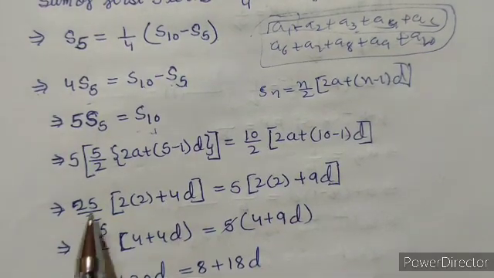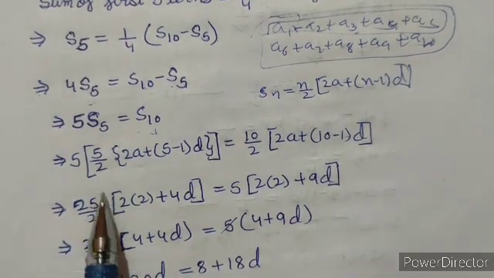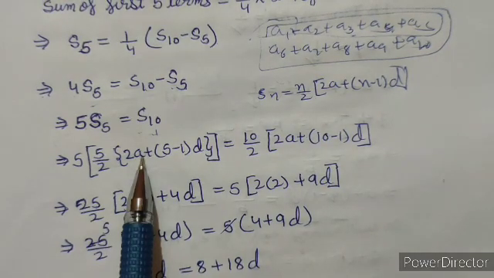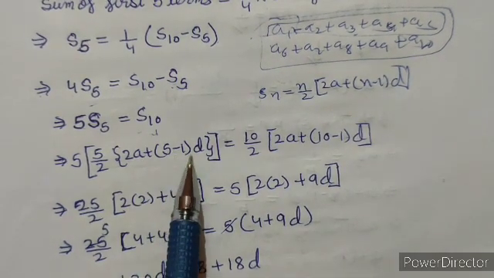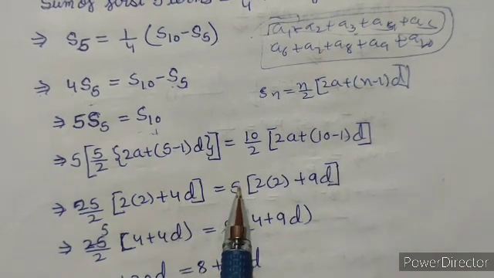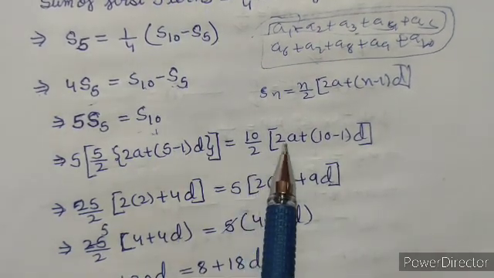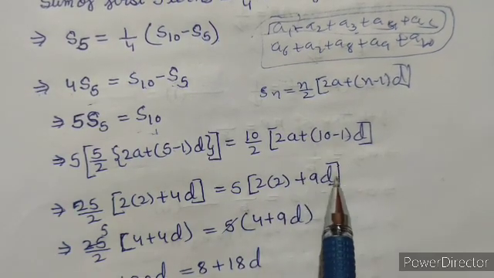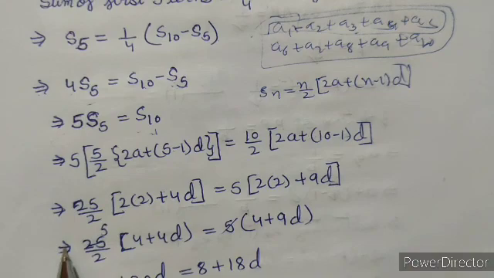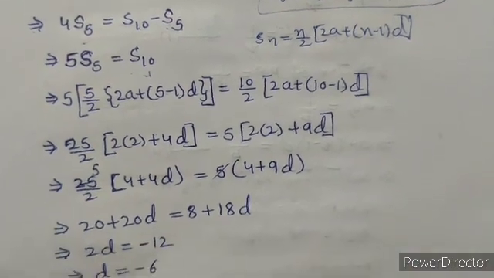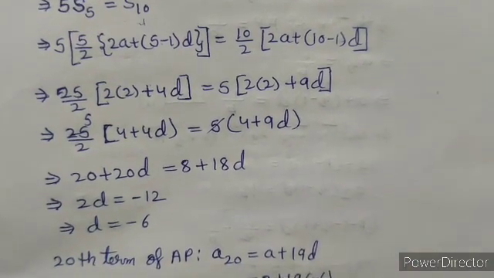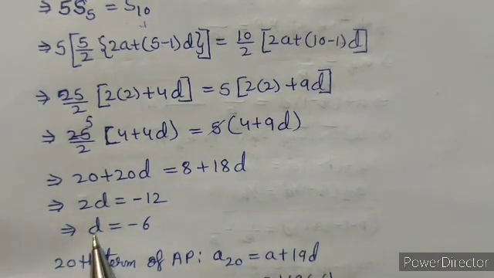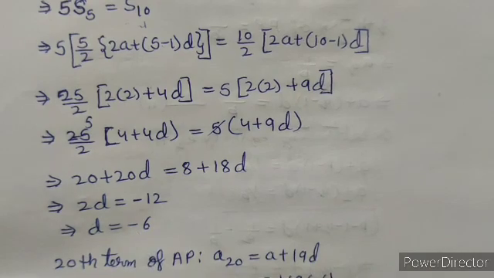Now that will be equal to 25 upon 2 into (2 into a, and a was equal to 2, that is the first term, plus (5 minus 1), that is 4d), equal to 5 into (2 into the first term, that is again 2 here, plus 9d). On simplifying this gives us 20 plus 20d is equal to 8 plus 18d, and that gives us the value of d as minus 6.